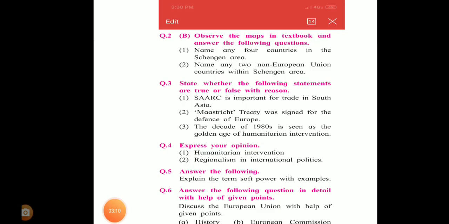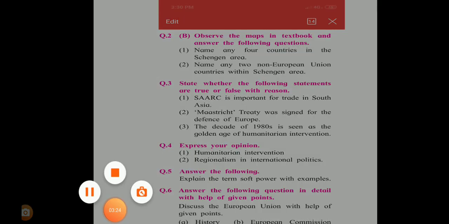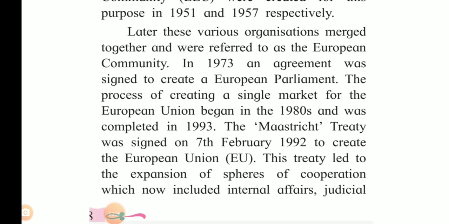Now second question. Maastricht Treaty was signed for the defense of Europe. The given statement is false. Now I am giving you the answer. See, in this given paragraph, from the down, the 5th line, you will get that about the Maastricht Treaty, that we are going to write now.